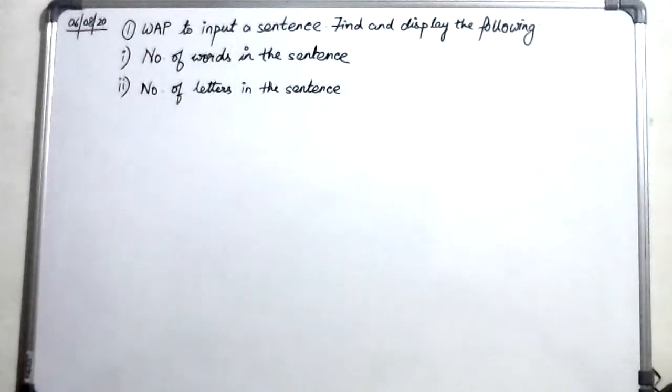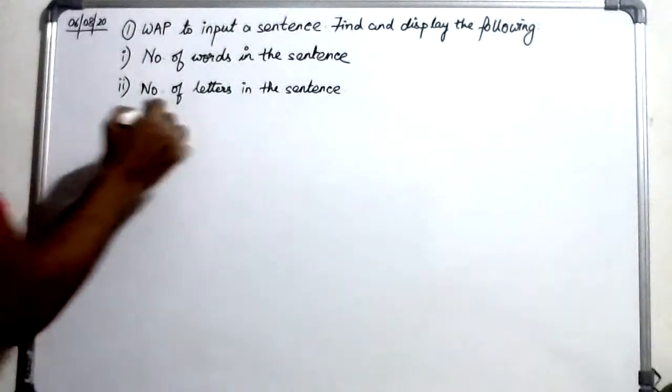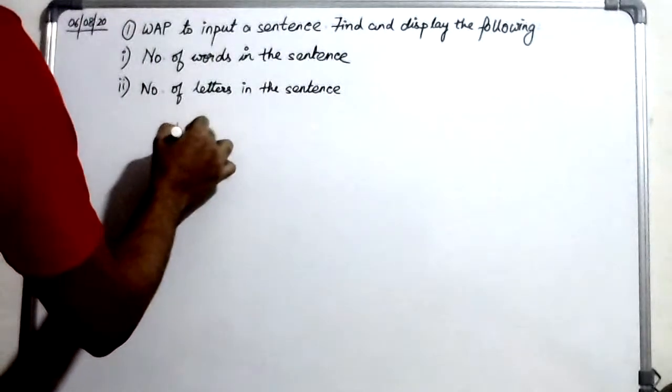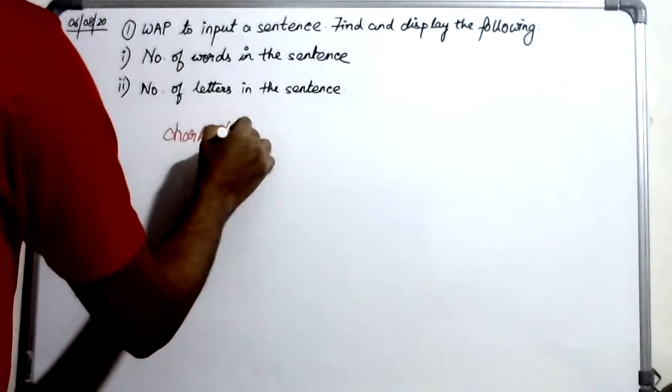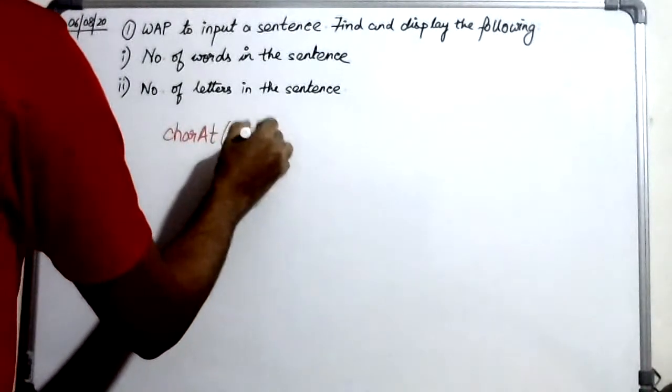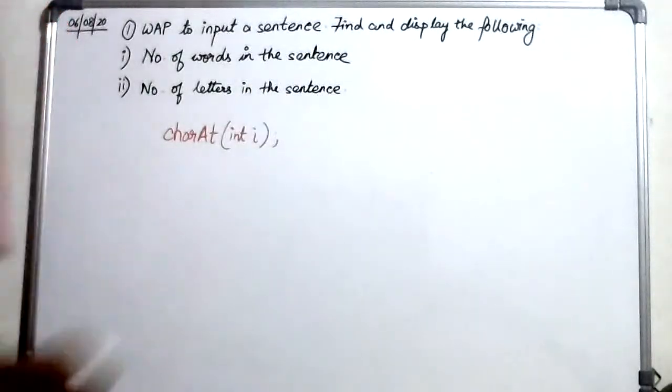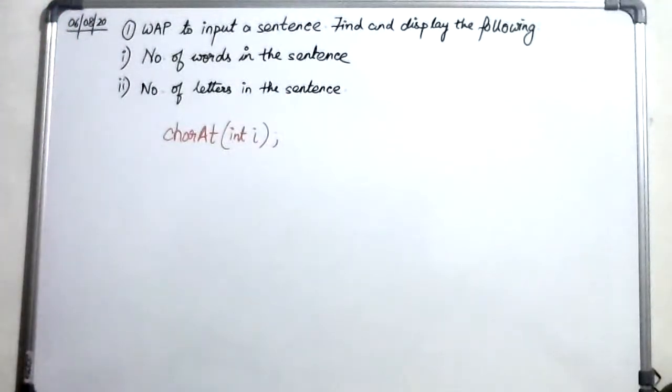Now to do that, there was a particular string function, if you remember correctly, called charAt, which used to take an integer argument, right? So this integer argument was nothing but the index.